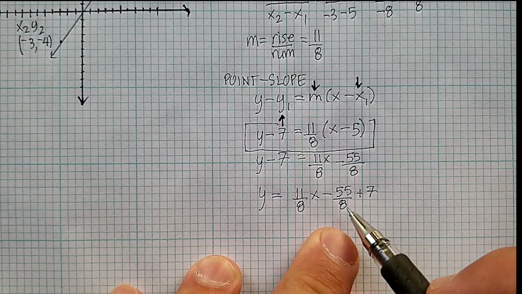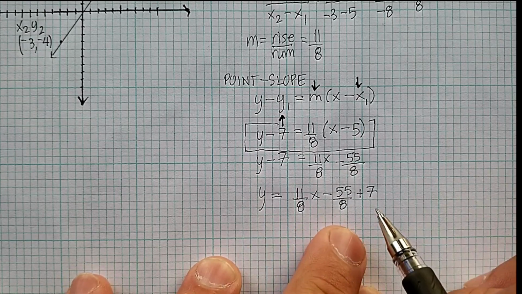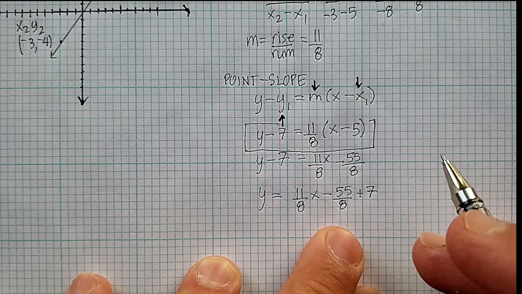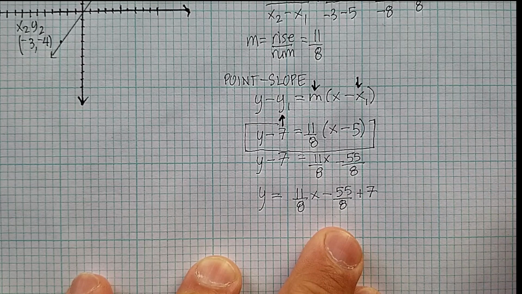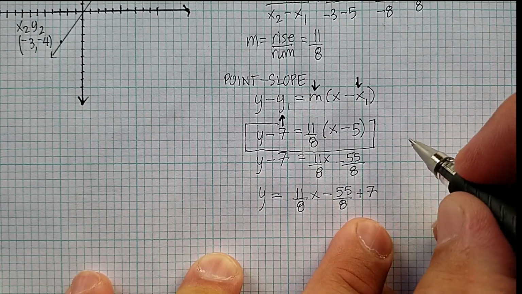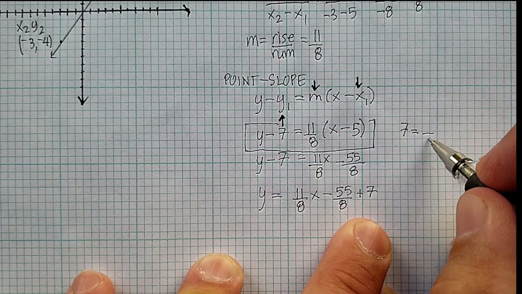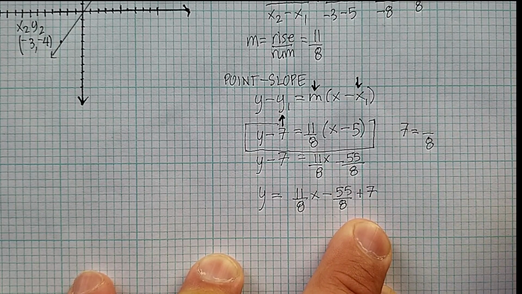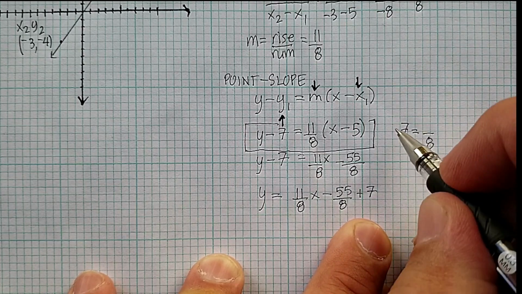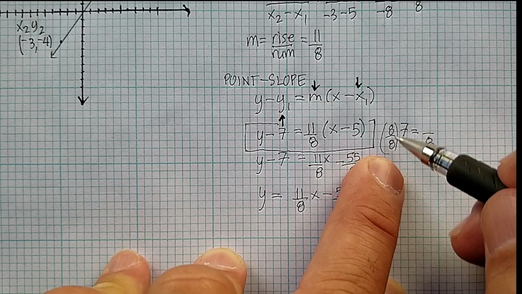Add these two numbers together and you'll have your slope-intercept form. Now, we can do this using decimals, or we can do it using fractions. I prefer fractions. I think they're a little bit more accurate. How do I change 7 into a number that has 8 in the denominator? What I really need to do is multiply by 8 over 8, which is just 1.